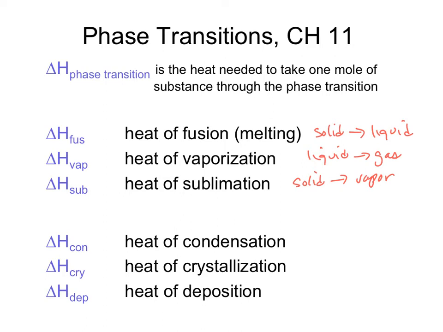So condensation is associated with the gas or the vapor condensing into the liquid phase. Heat of crystallization would be the liquid going to the solid phase. And then deposition is the opposite of sublimation. So deposition is really interesting. This is going to be the gas or the vapor going to solid.